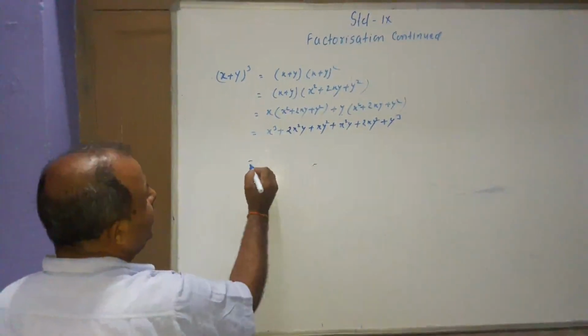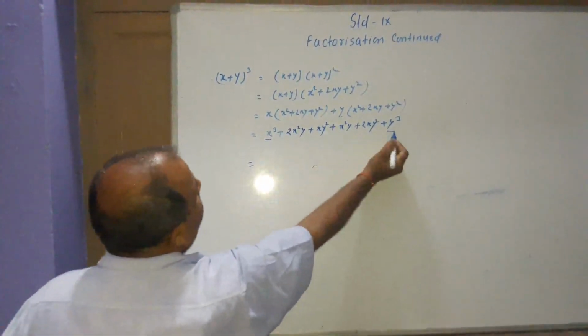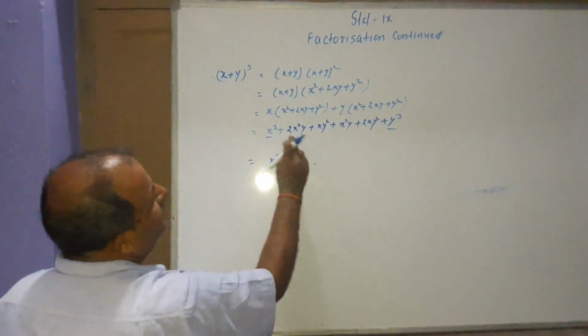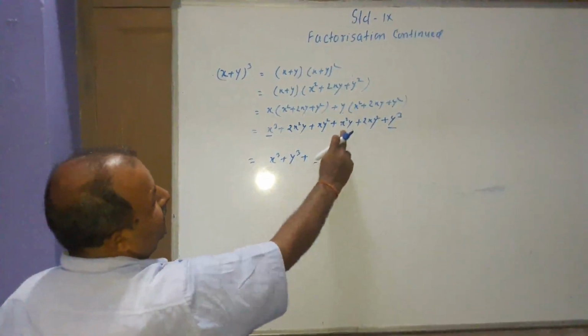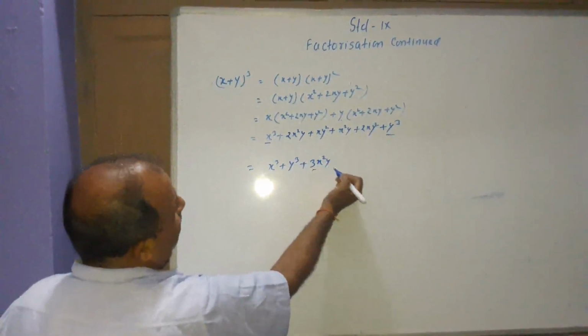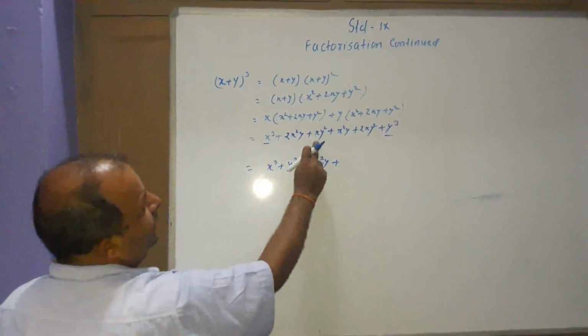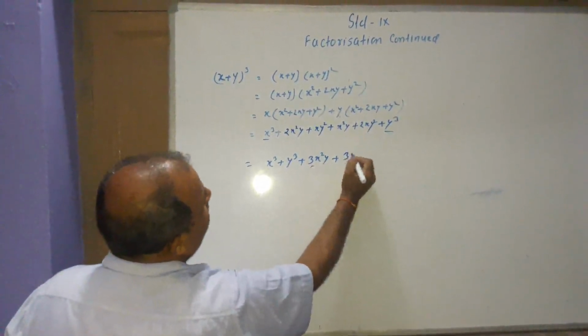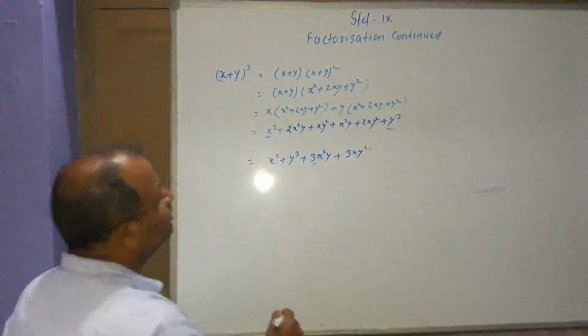In this way we get x cube, y cube, x cube plus y cube plus 2x square y and 1 x square y. This will give 3x square y plus xy square and 2xy square. This will give 3xy square.